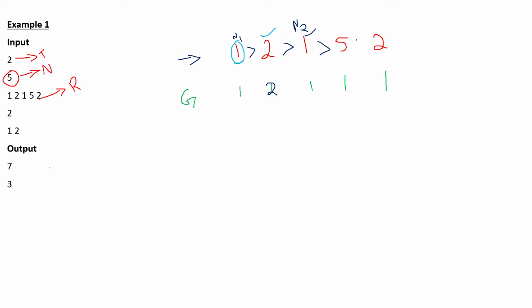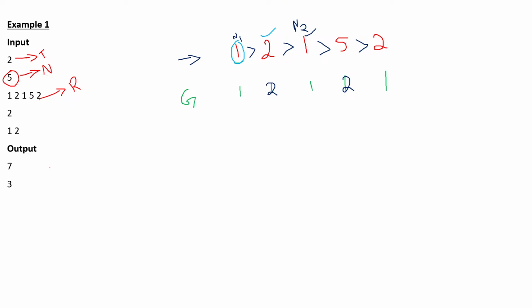Check the fourth employee with the fifth employee. Check whether 5 is greater than 2 or not. Yes, 5 is greater than 2. That means the fourth employee should get more gifts than the fifth employee, right? If the fifth employee is getting one gift, the fourth employee should get two gifts. That's why we will increment one more gift for the fourth employee.